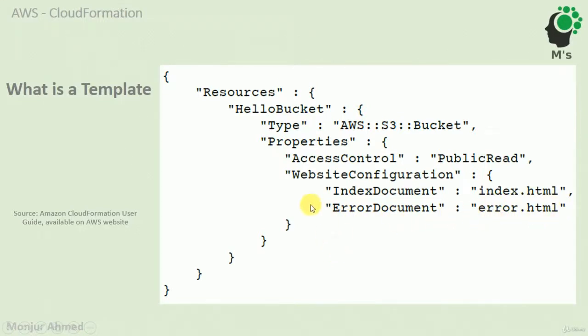So the main point here is that you declared a resource, you gave the name of the resource, you said what type it is, and you can also specify properties. There's a lot more to the story, and you need to refer to the whole user guide, the reference manual that you can find on the AWS website. So this is a bit more elaborate version of the previous one.